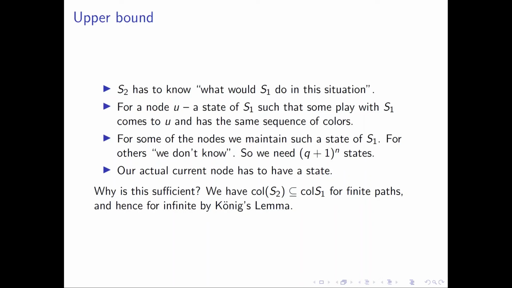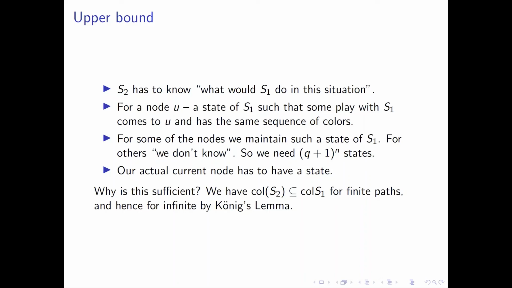Ideally, we would like to know such a state for every node U, but we will know this only for some of the nodes. In the beginning, we will only know this for the initial node, and the corresponding state for the initial node will be just the initial state of the memory of S1. But in future, we will assign some states to some other nodes.